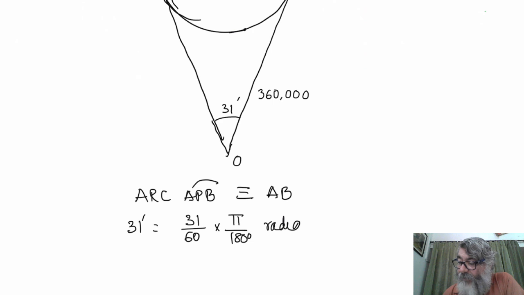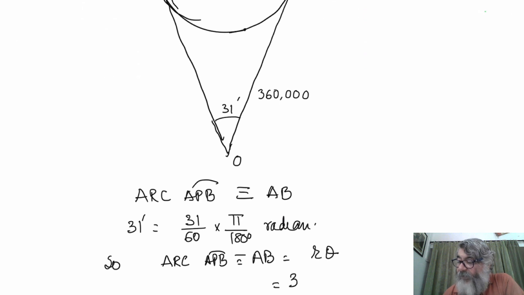So the arc APB, almost AB, will be equal to R into theta. R is 360,000 kilometers into 31 upon 60 into pi upon 180.